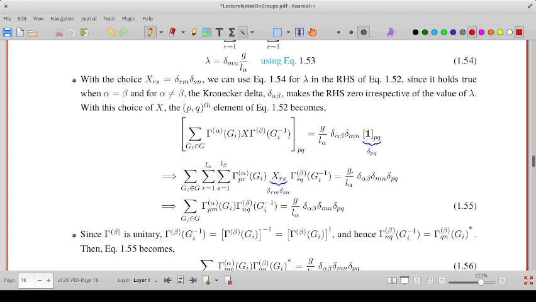And that is equal to, on the right hand side, G by L alpha, delta alpha beta, delta mn, and the pqth element of the identity matrix. The pqth element of the identity matrix is simply delta pq.